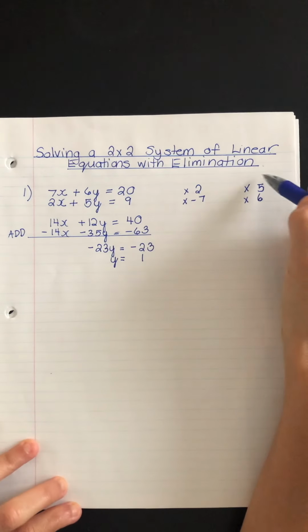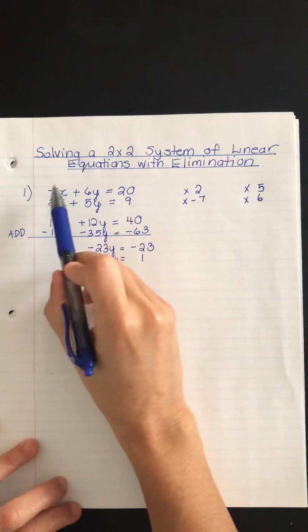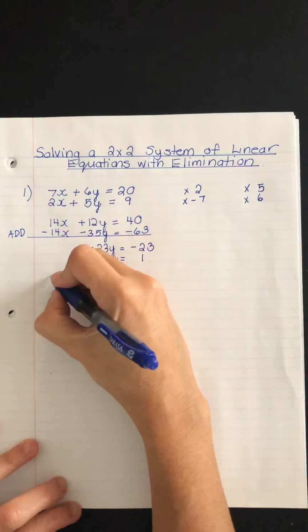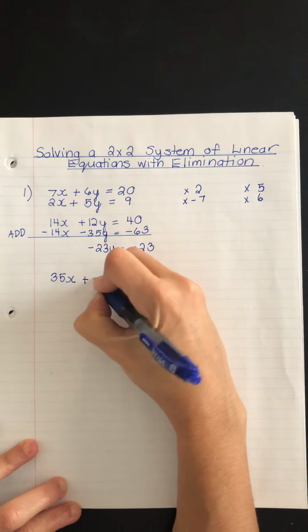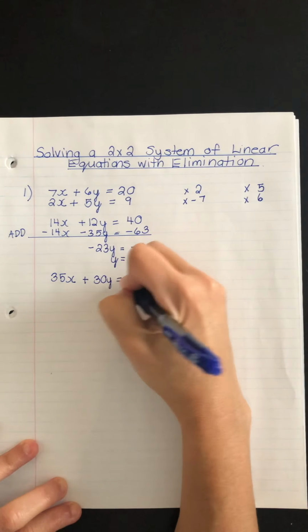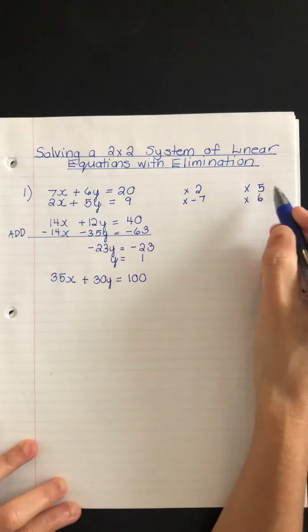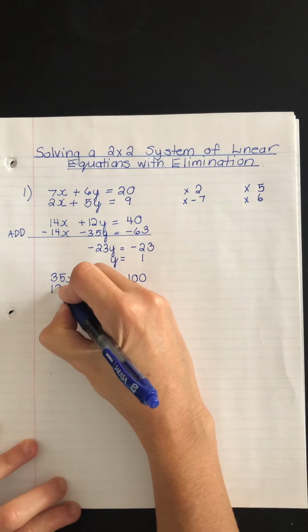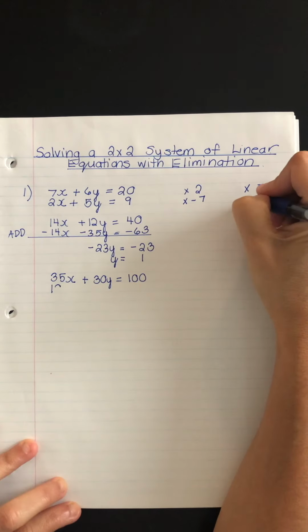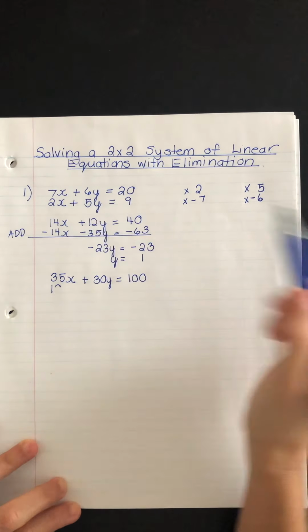Okay, so I'm going to execute this plan now. So multiplying the top equation by 5 will give me 35x plus 30y is 100. Now we multiply the lower equation by negative 6, because we want this to be negative 30y.